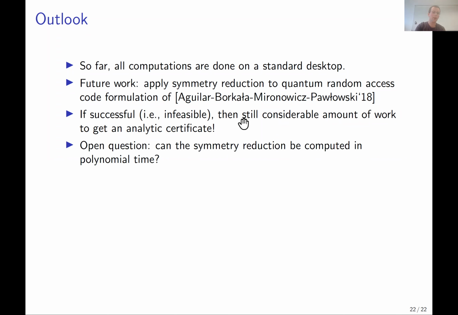And then for the symmetry reduction experts in the audience, there's an open question, which is, I think, mostly of theoretical interest. And that's whether the symmetry reduction can be computed in polynomial time. This is often the case for, let's say, the coding theory problems, or when you only have the symmetric group, you can often just compute the symmetry reduction in polynomial time.